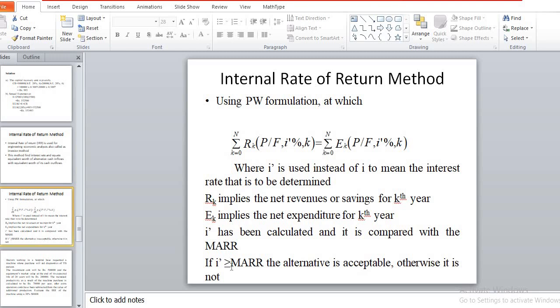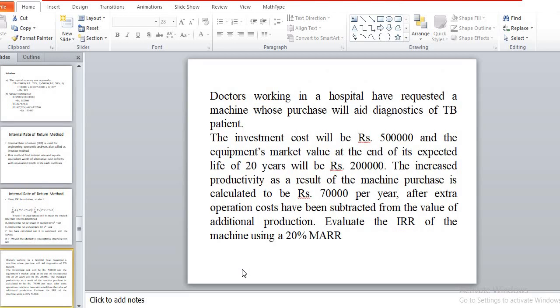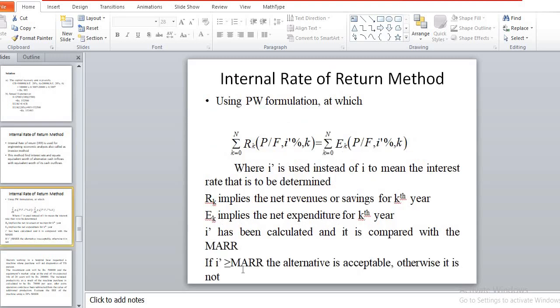And this I dash should be greater than or equal to MARR, so that we can say whether this project is economical or not. Here we will go through some examples to understand this method.